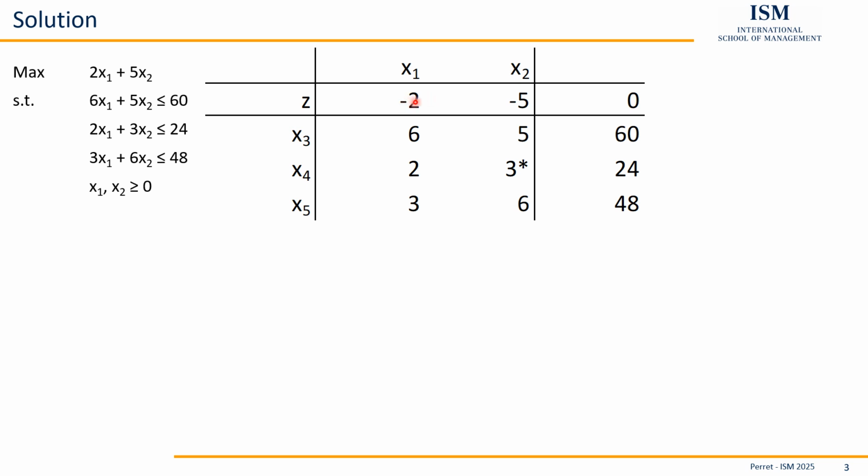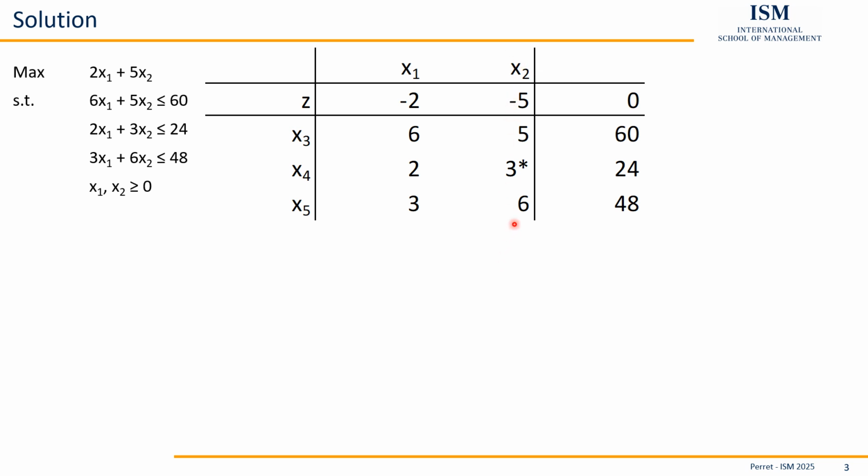And I'm going to select one column where I have a negative value here, so both would qualify, and where this value is absolutely speaking the largest. So this would be 2, this would be 5. So this column will be the pivot column because absolutely speaking minus 5 is larger than minus 2.